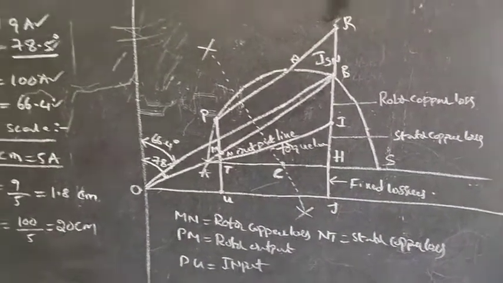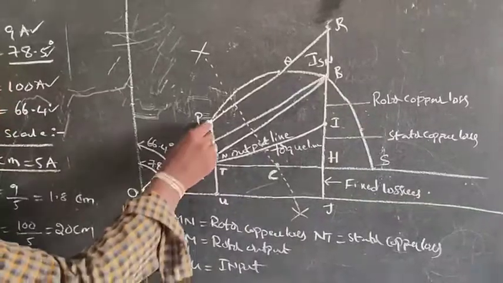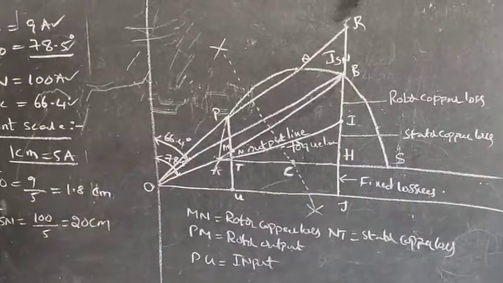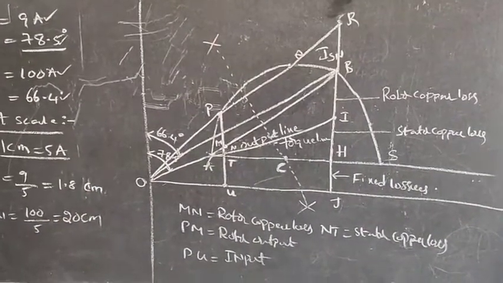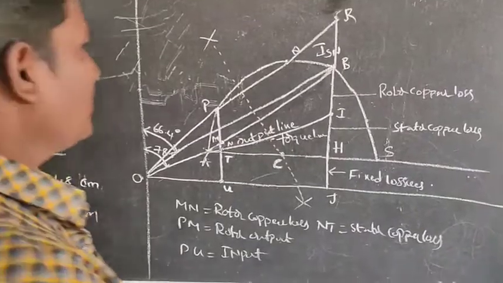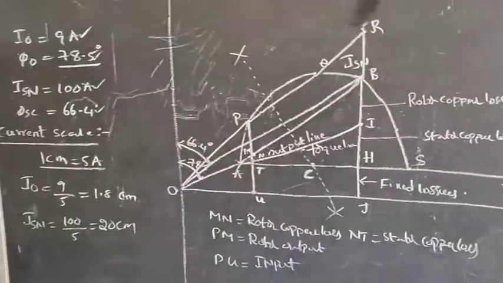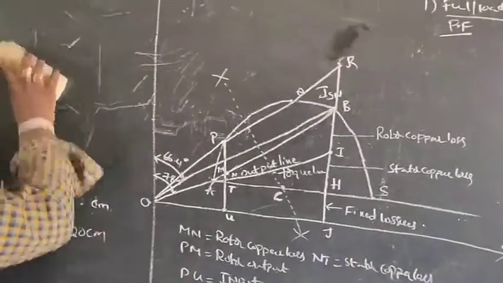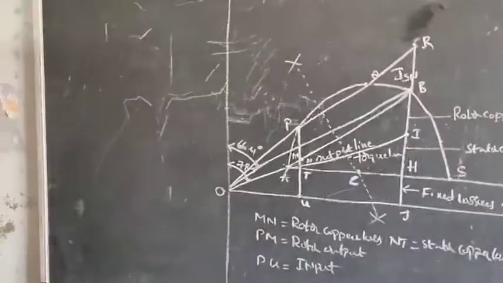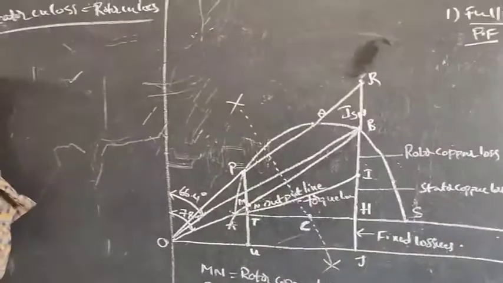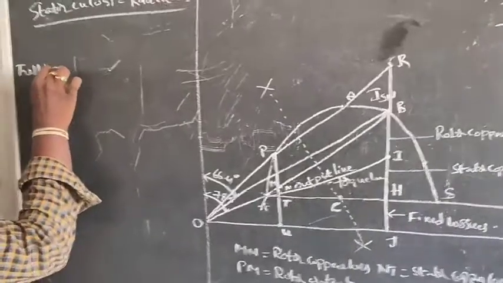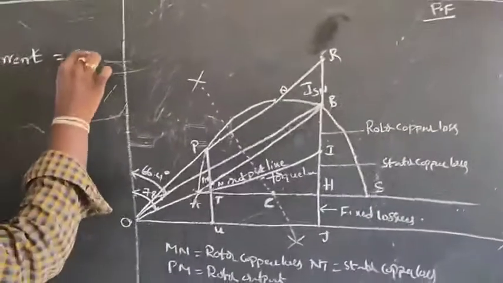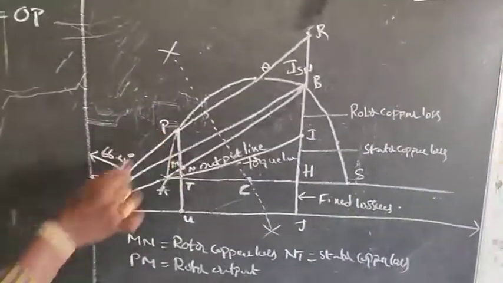So join the points O and P. The length of OP equal to the full load current. Whatever the length, that is OP.